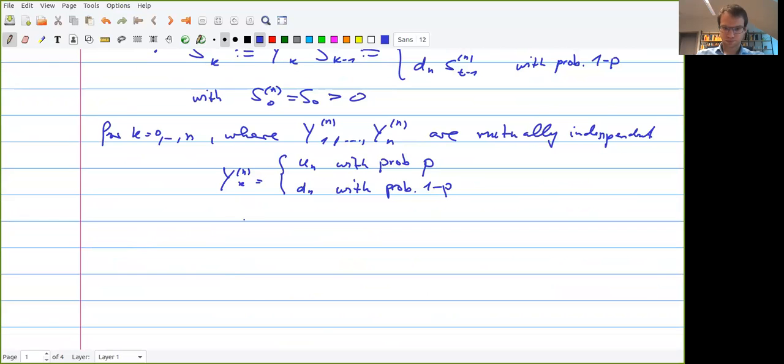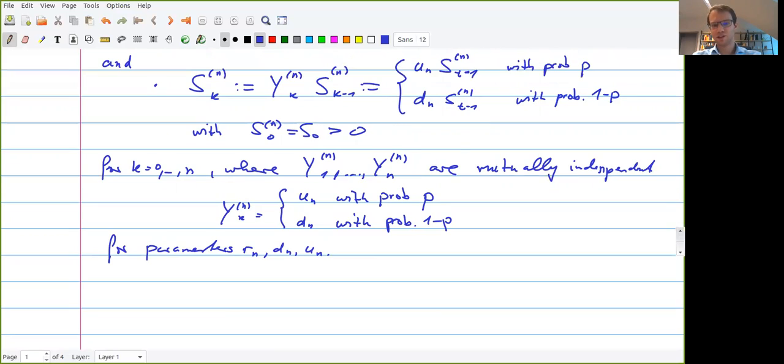And now, for Rn and the other parameters. And of course, this all has to live on some probability space and so on.